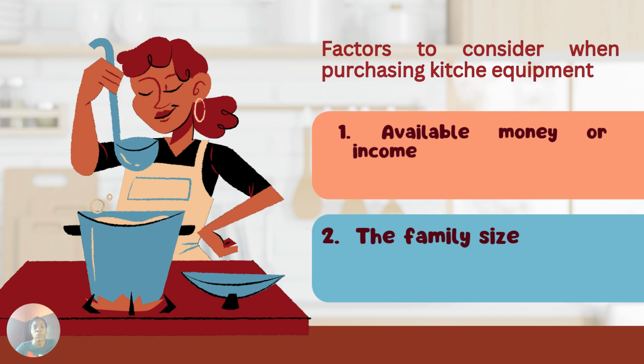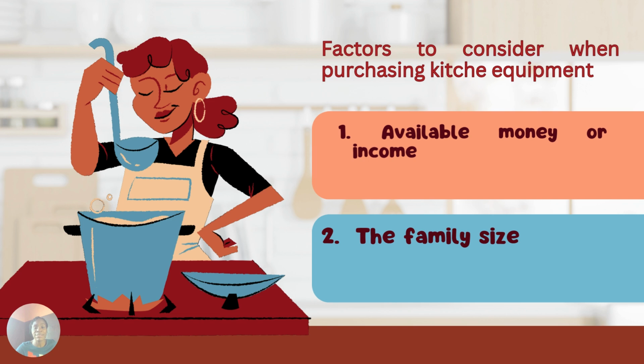Now, there are some factors we need to consider when we are purchasing kitchen equipment. We'll be looking at six of these factors in this class. The first and foremost of those factors is money, the availability of money or income.